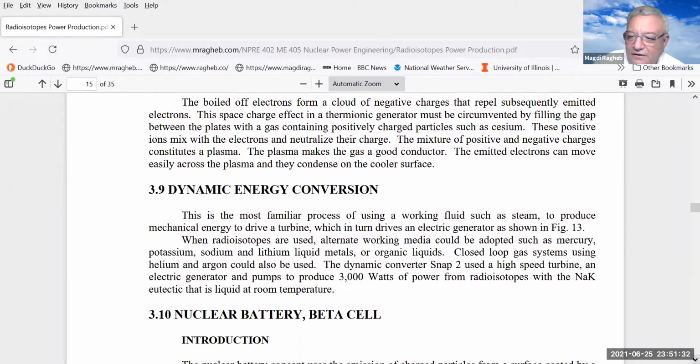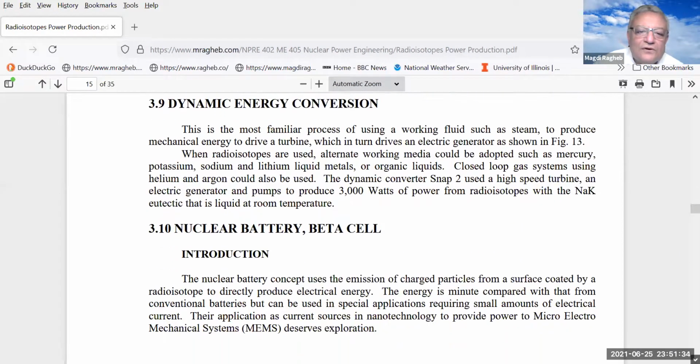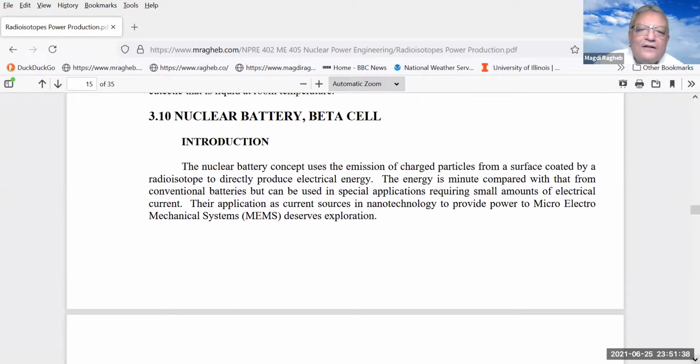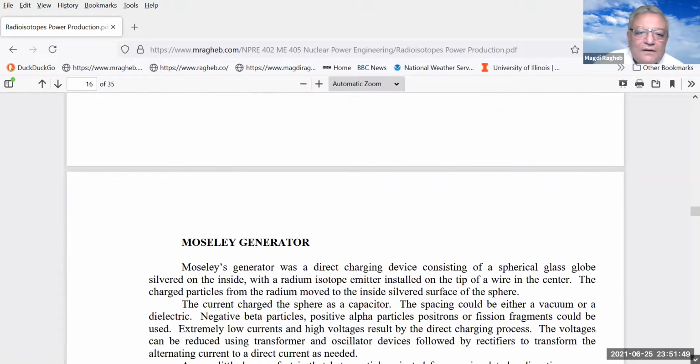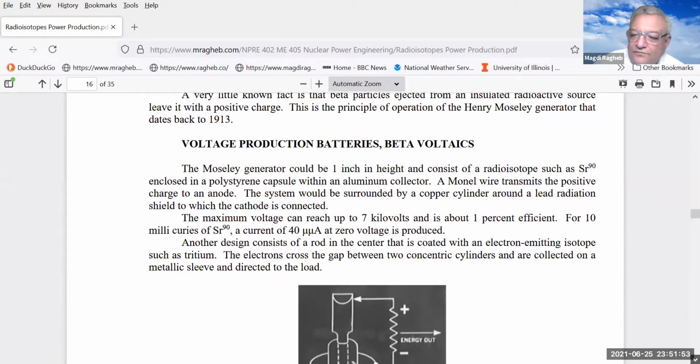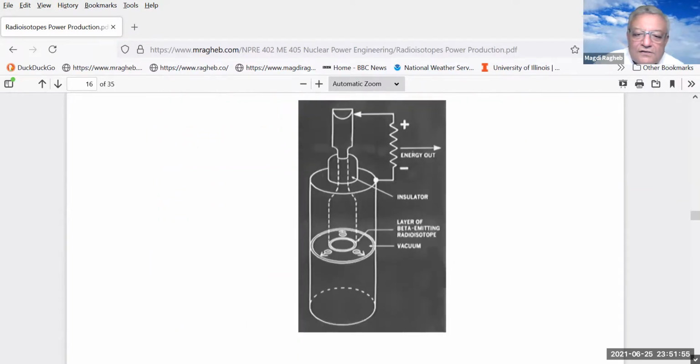That is not the only method here. We also can use what's called the nuclear battery, a beta cell. And that is where the application of micro electromechanical systems, MEMS devices, deserves really more exploration. In that case, it uses the simple principle of what's called the Moseley generator.